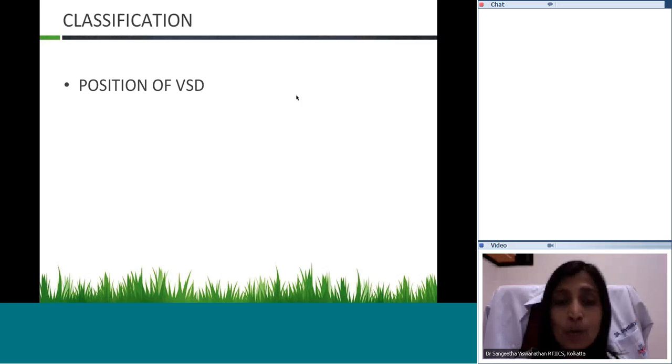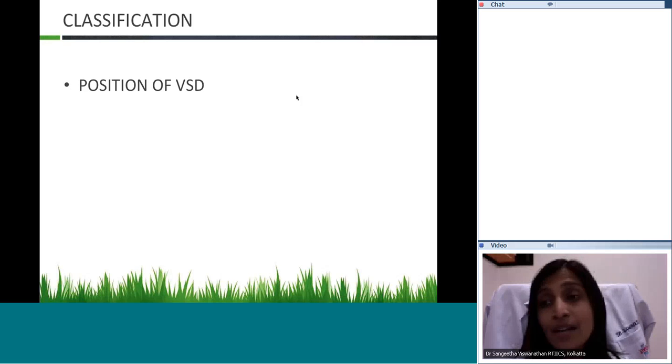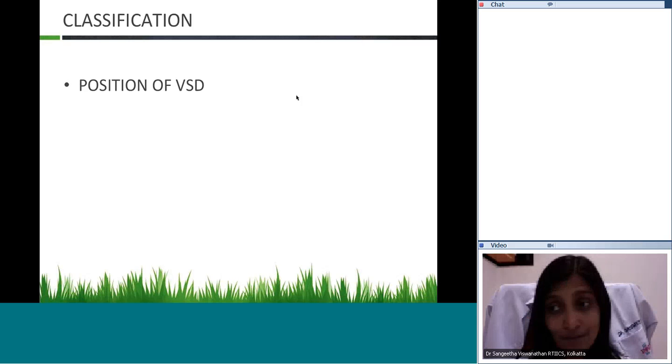Now double outlet right ventricle can be classified based on, one, the position of the VSD. A VSD is mandatory in a double outlet right ventricle, and flow has to be from the LV to the RV. It's an obligatory shunt from LV to the RV, because the outflows predominantly arise from the RV.